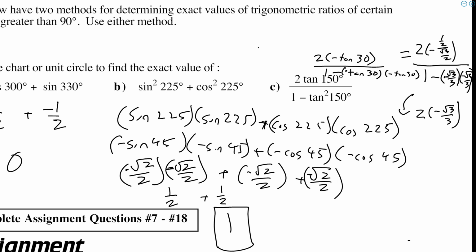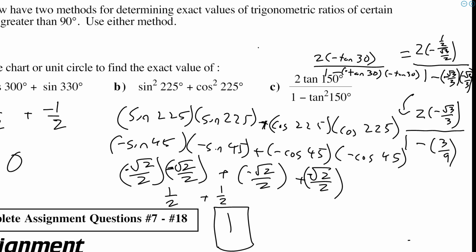And recognize the way I'm converting this into this is I'm simplifying this fraction to 1 over root 3 and then rationalizing the denominator. And then the same thing on the bottom here. So over 1 minus negative root 3 times negative root 3, 1 over 3, and then 3 times 3, 9.